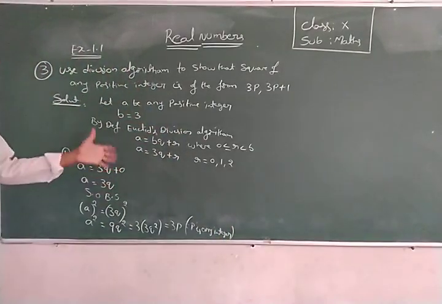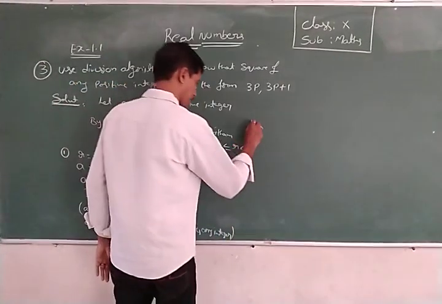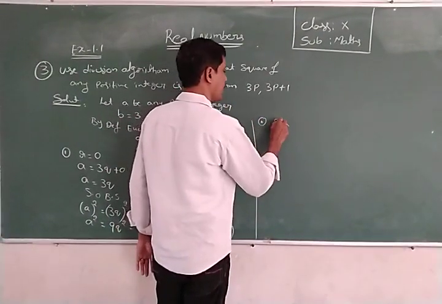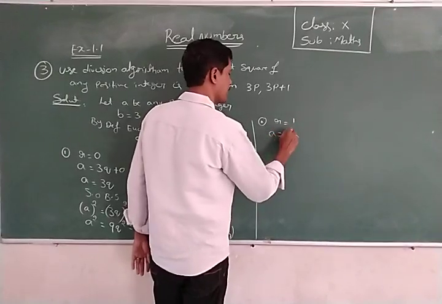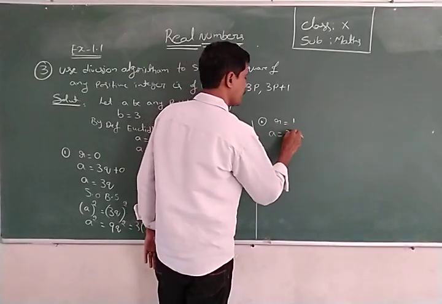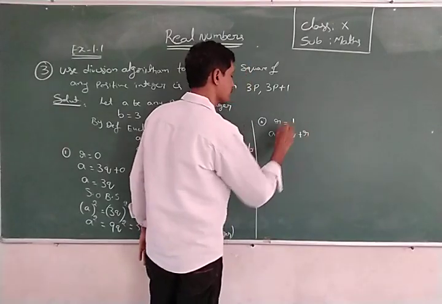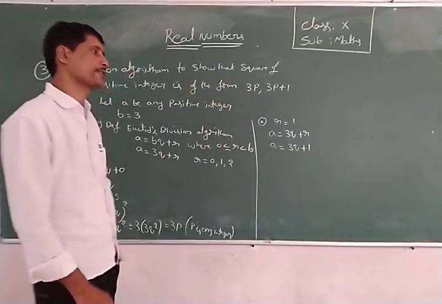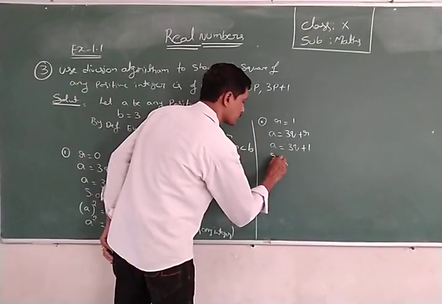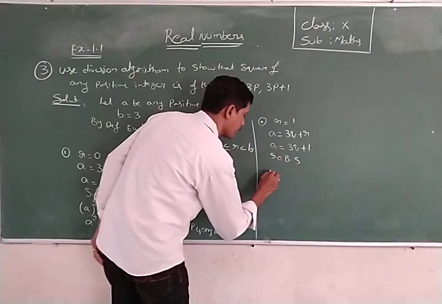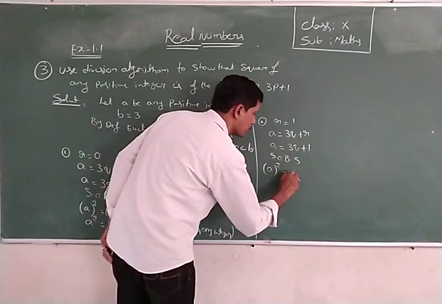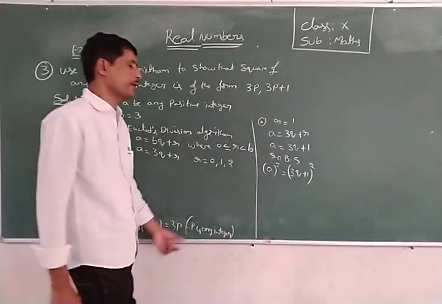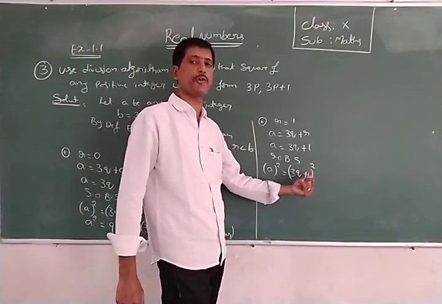Next, we have to take r equal to 1. Therefore, a equals 3q plus r. In place of r, substitute 1. Therefore, a equals 3q plus 1. Here also, squaring on both sides, a squared equals (3q plus 1) squared. Here the (a plus b) whole squared formula is applied.